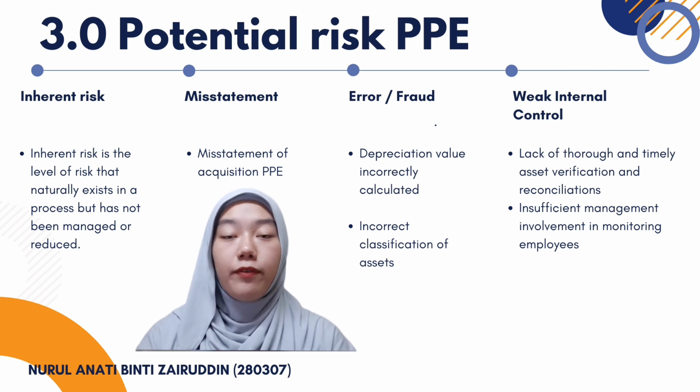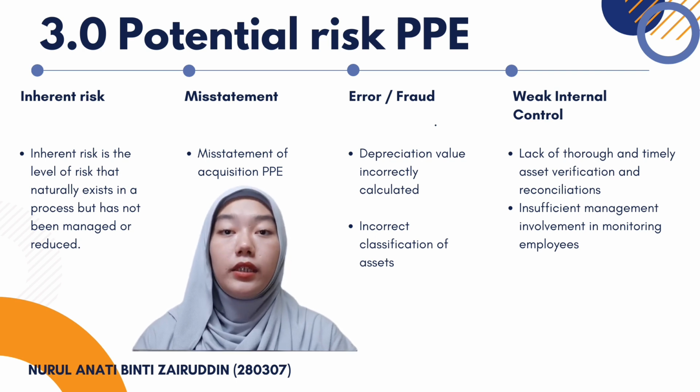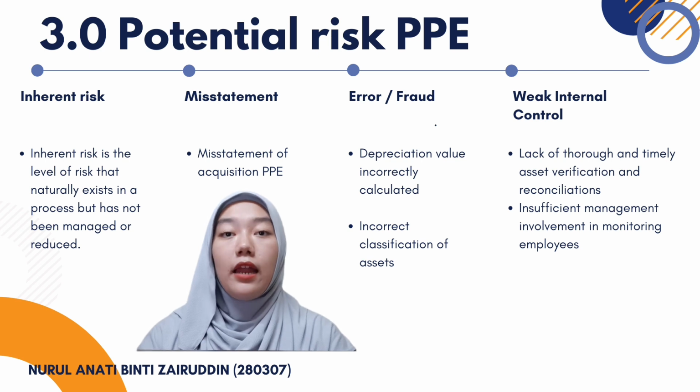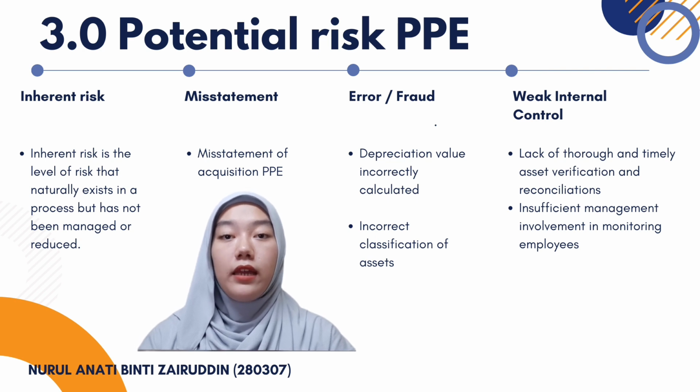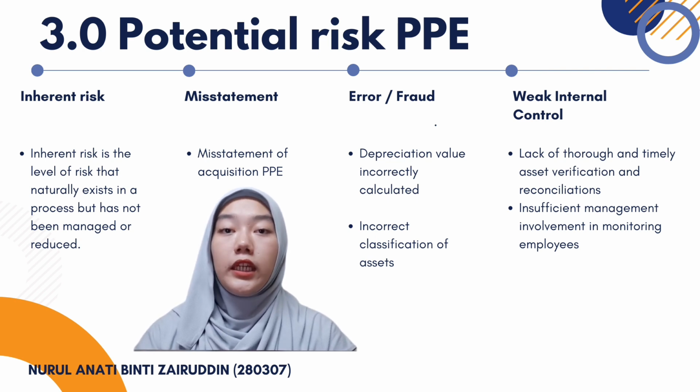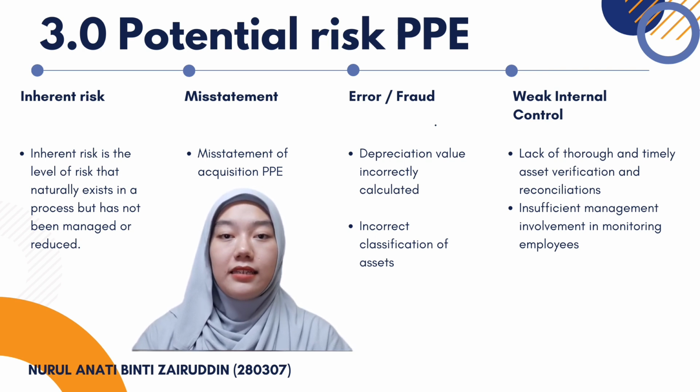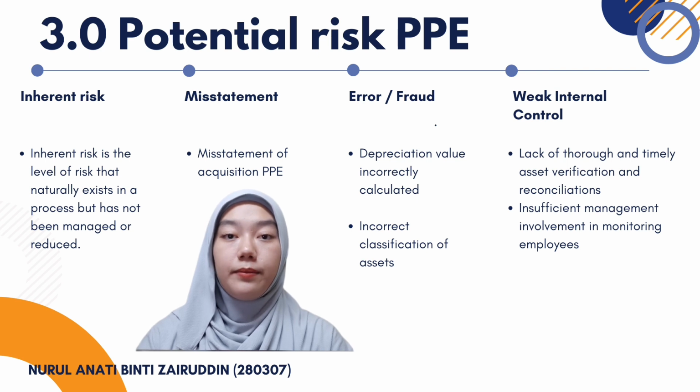Depreciation value may have been computed improperly due to reasons like mechanical fault and improper estimation of the remaining useful life. Error and fraud may occur as a result of the entity's poor internal control, which includes insufficient management engagement in managing personnel with access to cash or other assets vulnerable to theft, as well as a lack of comprehensive and timely asset verification and reconciliation.